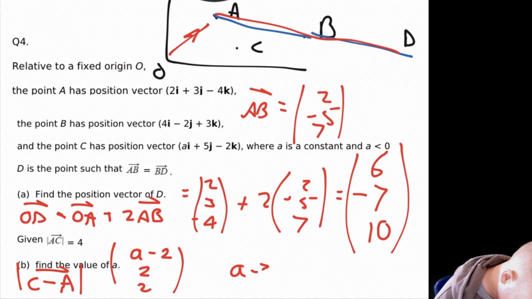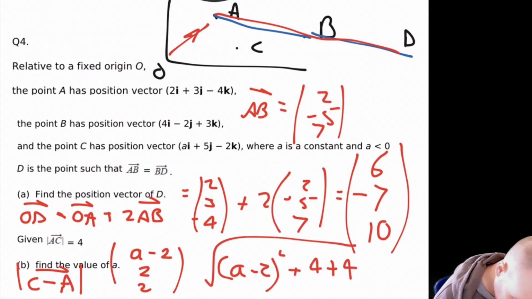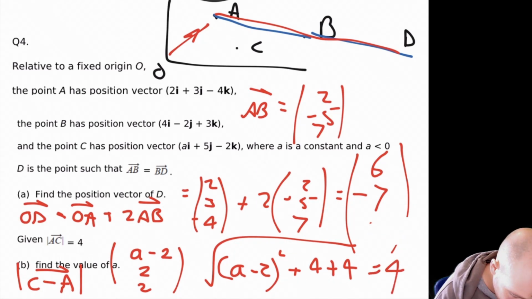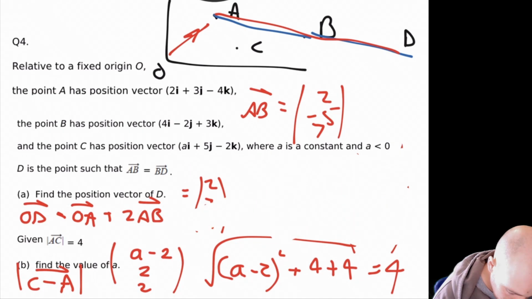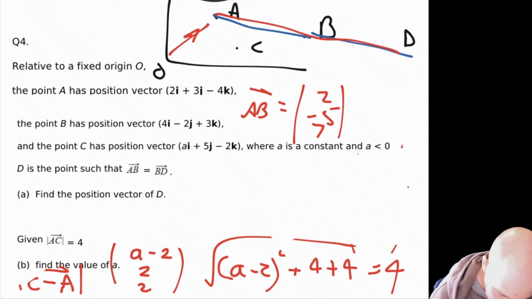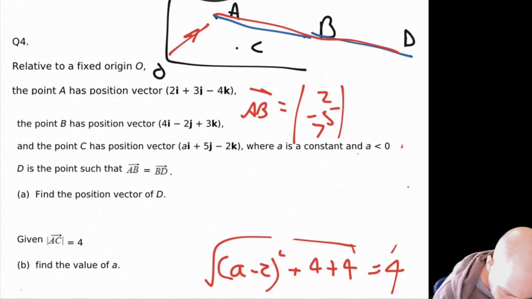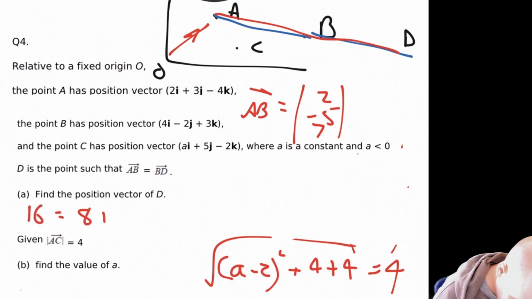So A minus 2 squared plus 4 plus 4, all square rooted is 4. So if I square both sides, we're going to get 16 equals 8 plus A take 2 all squared.